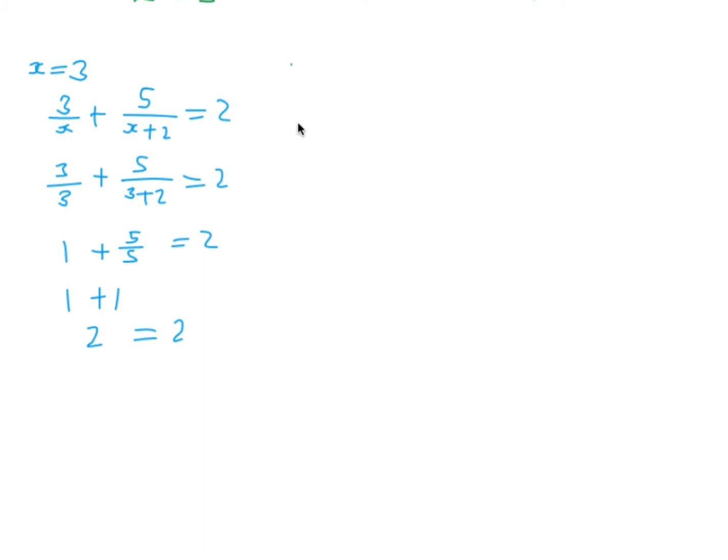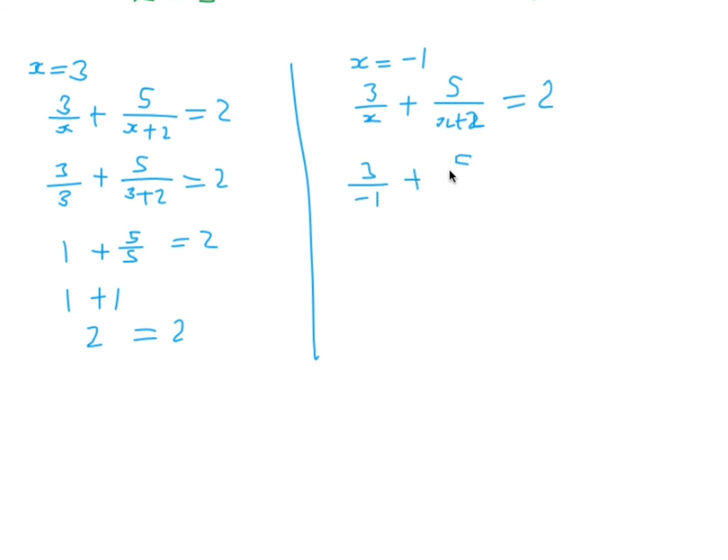Right, it works. And now we check for x equal to -1. So 3 upon x plus 5 upon x plus 2 equal to 3 upon -1 plus 5 upon -1 plus 2. So 3 divided by -1 is -3, and 5 upon -1 plus 2 is 5 upon 1, which is 5.